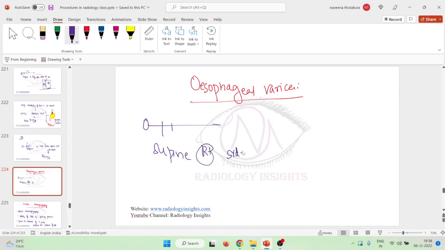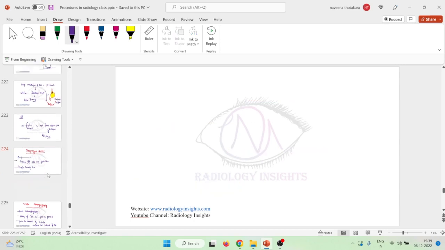This is the position of the patient for taking the X-ray. Then the contrast used for esophageal varices is high density barium. By this you can demonstrate varices.